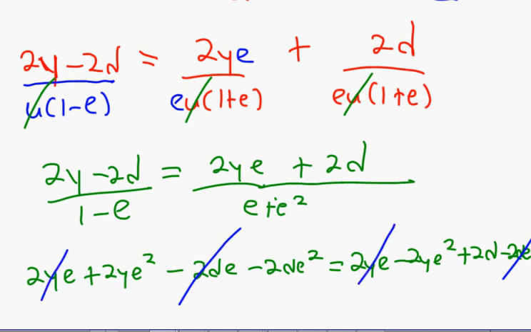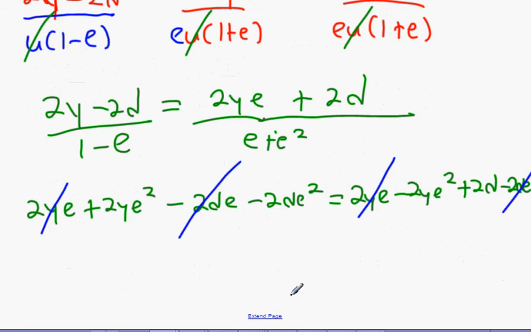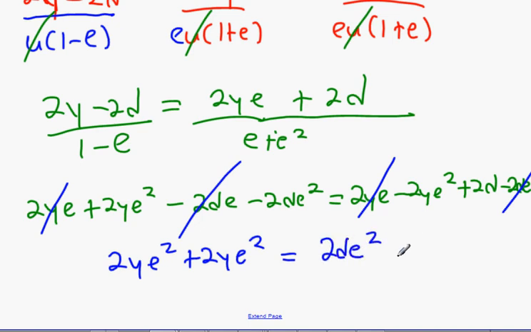2ye and 2ye cancel. Anything with d goes to the right, anything with y goes to the left, so we're going to get 2ye squared plus 2ye squared equals 2de squared plus 2d. 2's cancel.